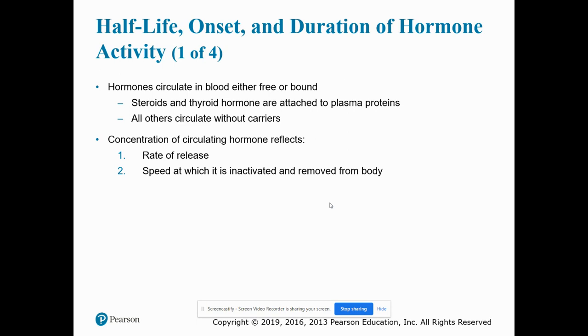The other ones, which are all water-soluble, the amino acid derivatives, are going to circulate without carriers. Concentrations of circulating hormones reflect first the rate of release, and then the speed at which it is inactivated or removed from the body.